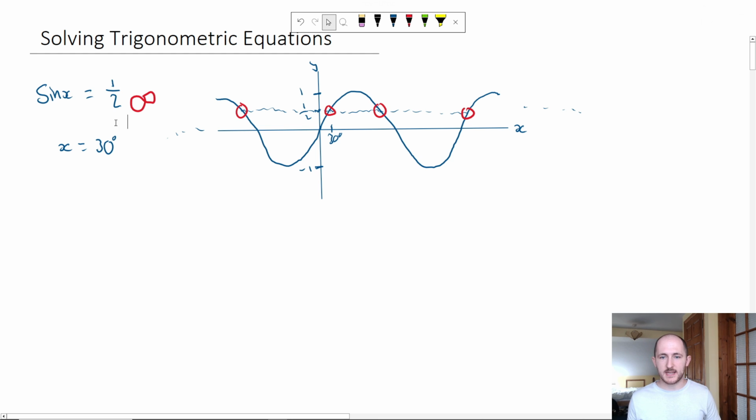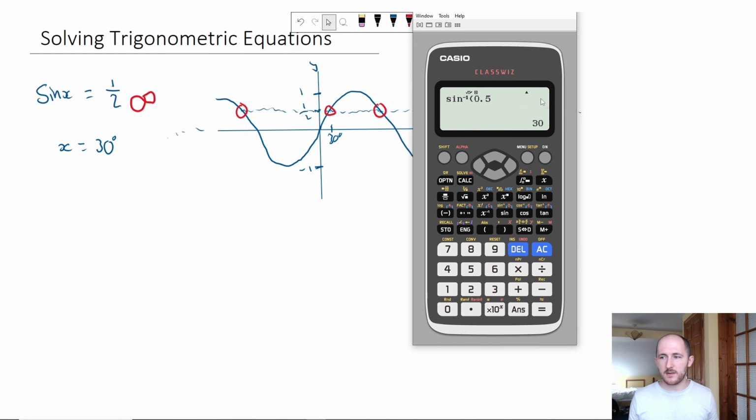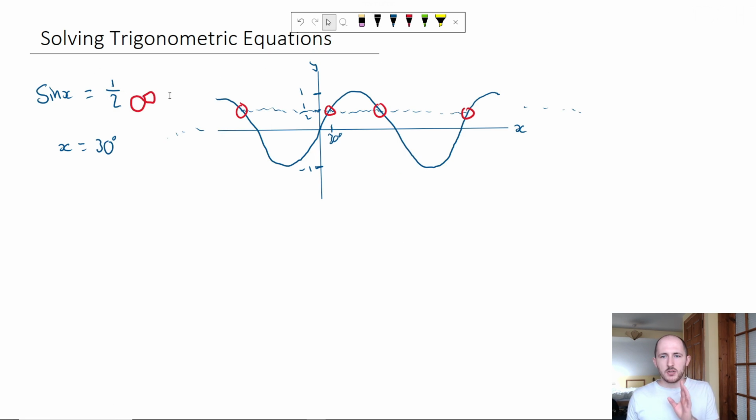Because you could rightly say it's 30, and also this value, and this value, and this value, and you could write values going on forever. So first, how do we work out these other values? My calculator only gives me one value, and if I press equals again, it just keeps giving me 30. Interesting, right? So how do I work out the other values is step 1.